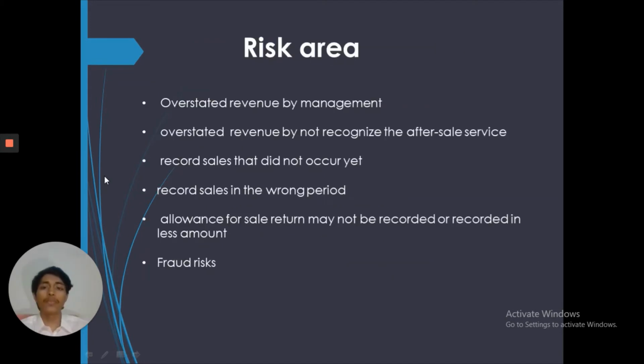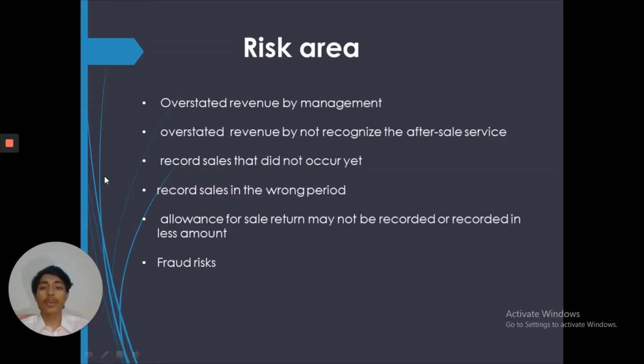At the end, if we think about the risk area of business, we need to think about the situation where revenue is overstated by the business. Sometimes business overstates revenue to show others that they are doing well. Some businesses don't want to record the cost of after sales service, which also overstates their revenue.